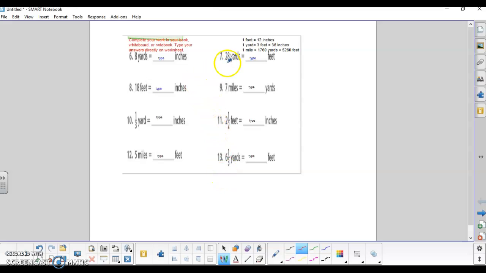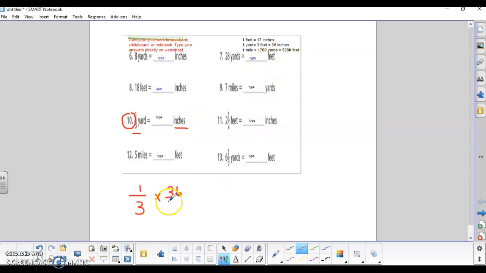So if I'm looking at number 10, it says 1/3 yard equals how many inches? Well, if I come up here, I see 1 yard is 3 feet or 36 inches. So I need to take 1/3 times 36 because we're working with inches.